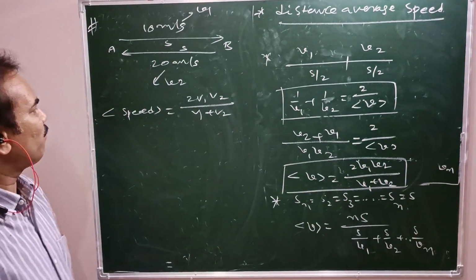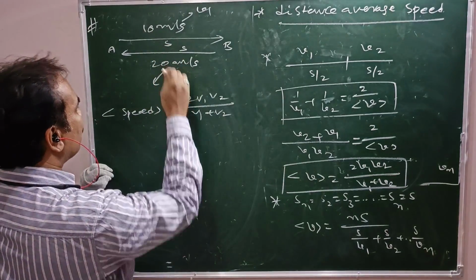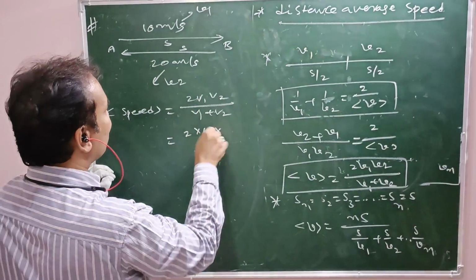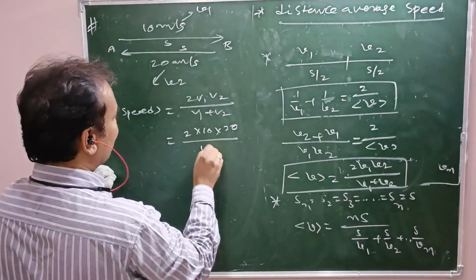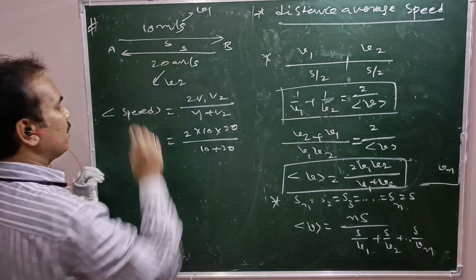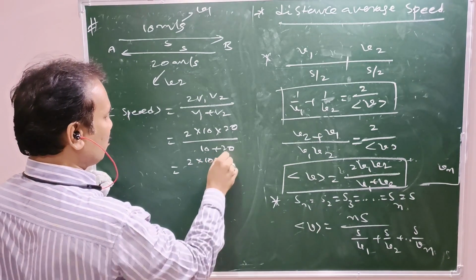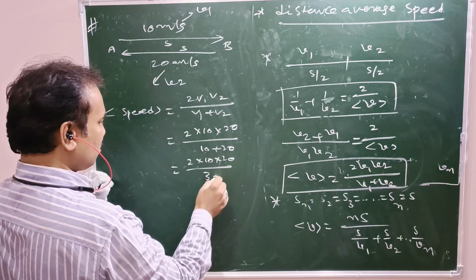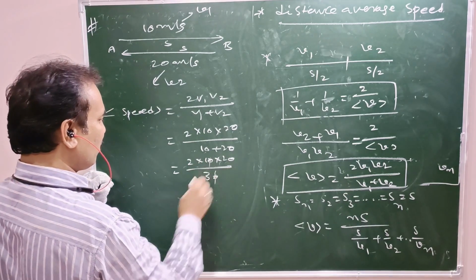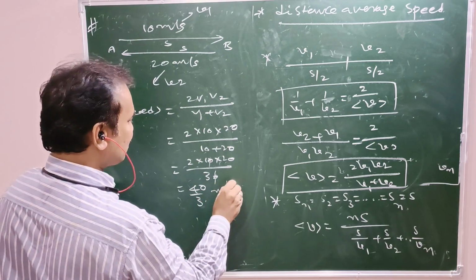So this is direct formula, that is average speed equal to 2 v1 v2 by v1 plus v2. 2 into 10 into 20 divided by 10 plus 20, 30, right? So 0 cancel, 2 into 2, that is 40 by 3. 40 by 3 meters per second.